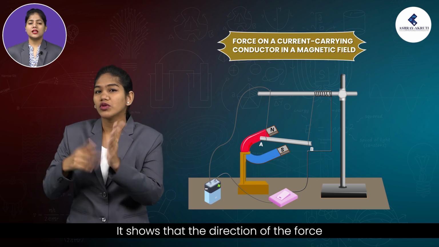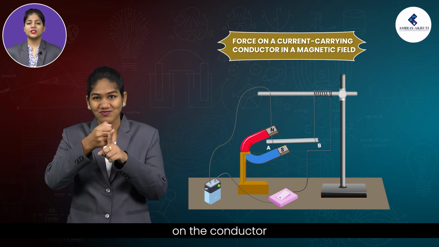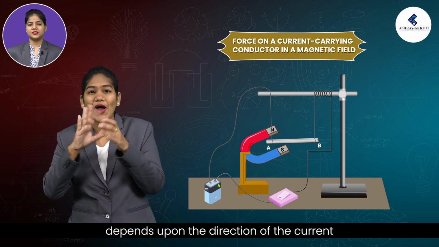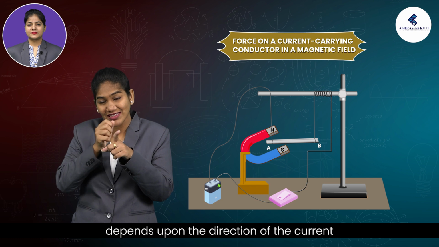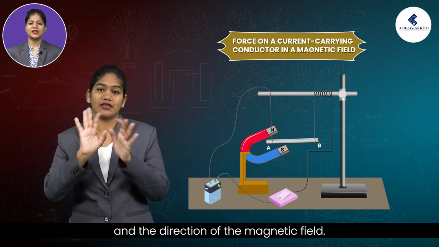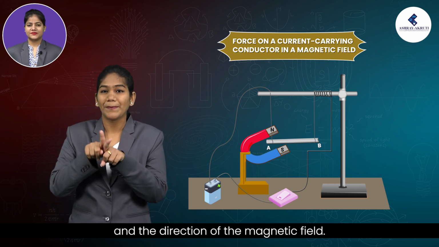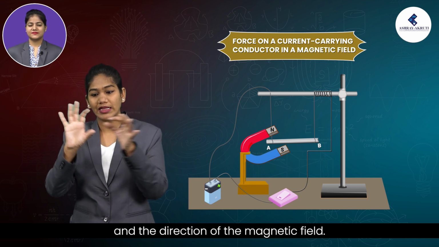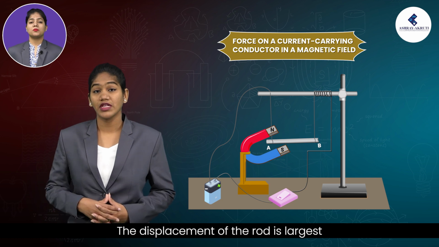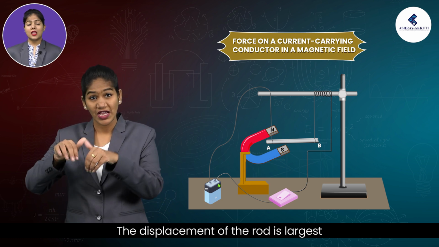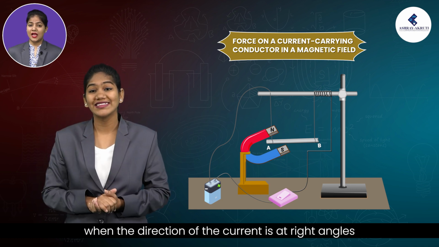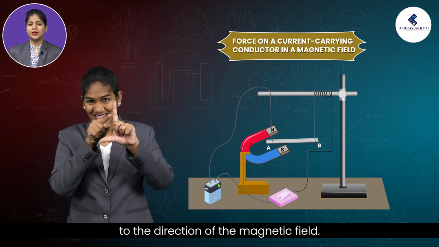It shows that the direction of the force on the conductor depends upon the direction of the current and the direction of the magnetic field. The displacement of the rod is largest when the direction of the current is at right angles to the direction of the magnetic field.